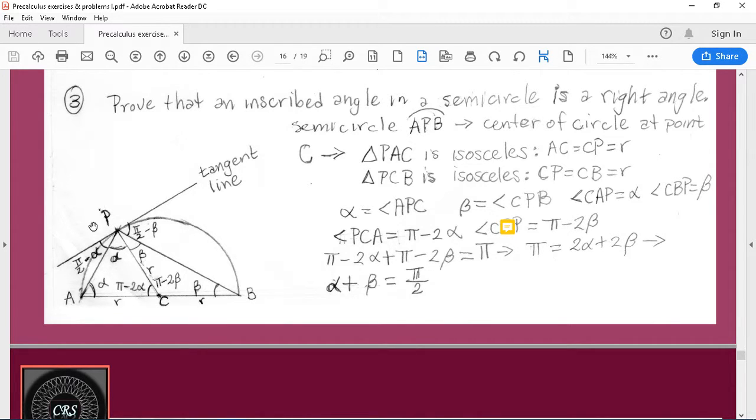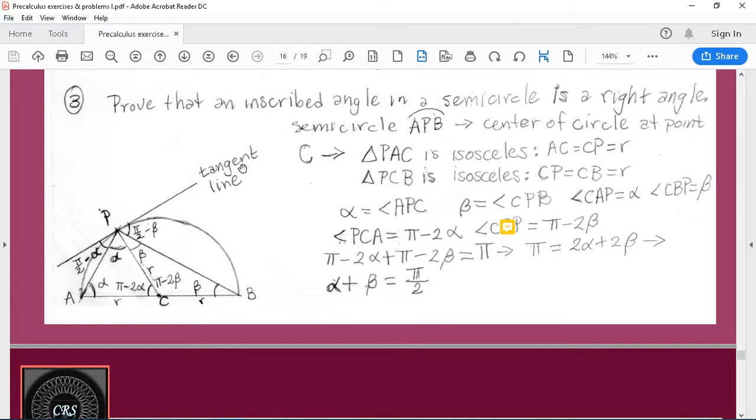This angle has vertex at P, which is on the semicircle. It has sides PA and PB, with the endpoints of those sides of the angle being points A and B, and they are both on the semicircle. So angle APB is an inscribed angle in semicircle APB.